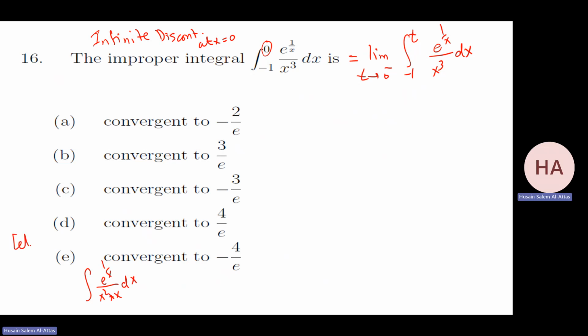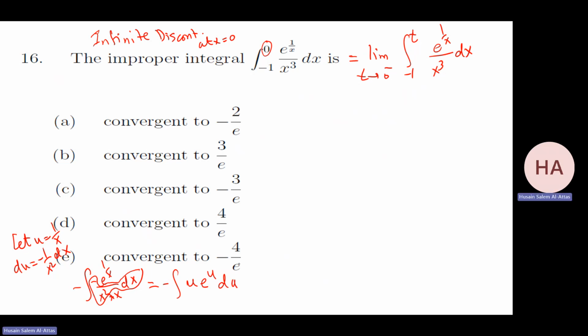Why? Because if I let u equal 1 over x, du will be minus 1 over x squared dx. So I need minus and minus outside. So this will be my du. So I need x. x will be what? Or 1 over x is u. So that will be minus 1 over x, which is u, e to the power u du.